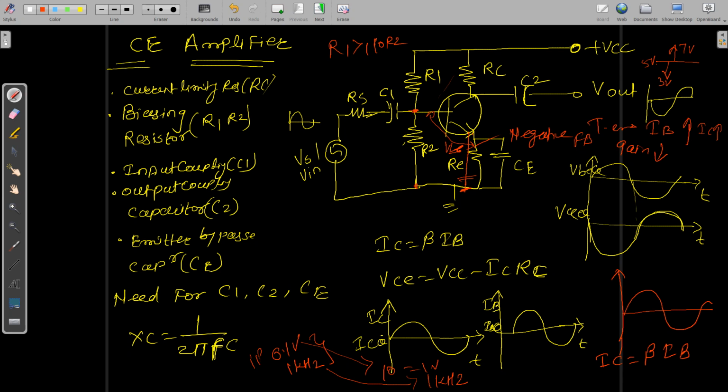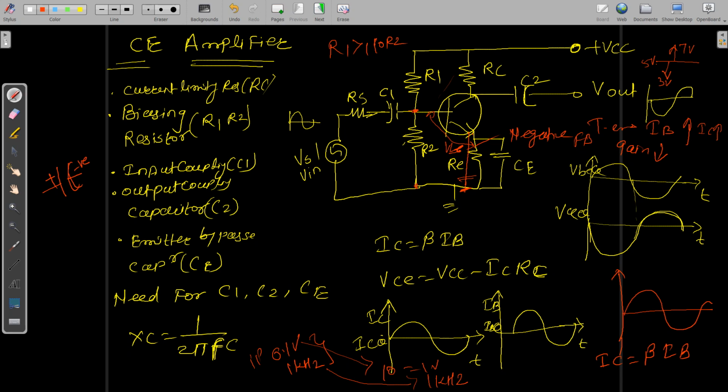Here we have to make sure of the capacitor polarity. You can see that I have drawn the capacitor like this: the straight line indicates the positive sign, the curved line indicates the negative sign, and you always have to make sure that the negative terminal is at a lower potential than the positive terminal.